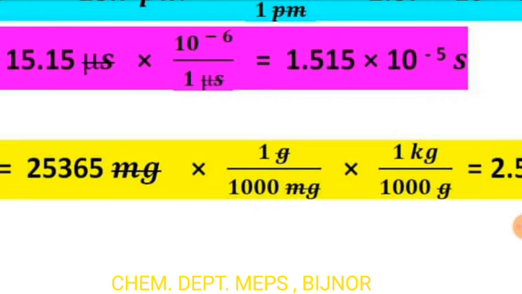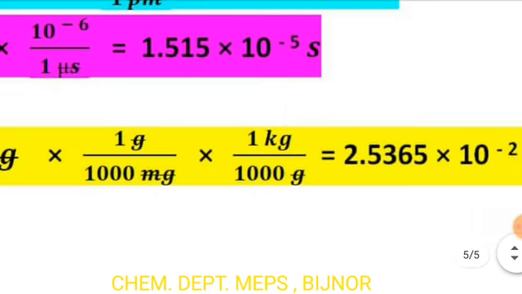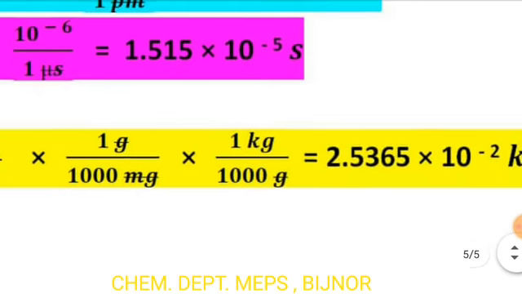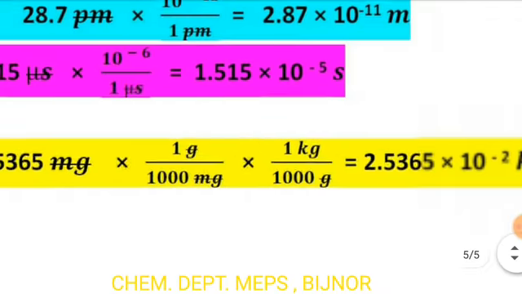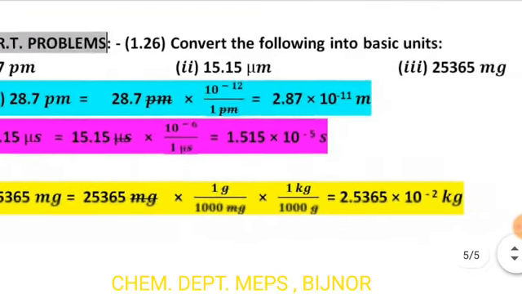Then you put 1 kilogram is equal to 1000 gram, kilogram is the desired value, so 1 kilogram is on the upper side and divided by 1000 gram. So after the multiplication, the answer is 2.5365 into 10 to the power minus 2 kilogram. So by this method you can solve the questions easily.